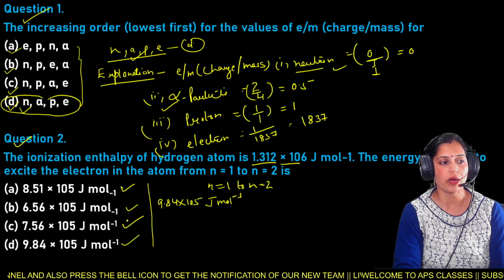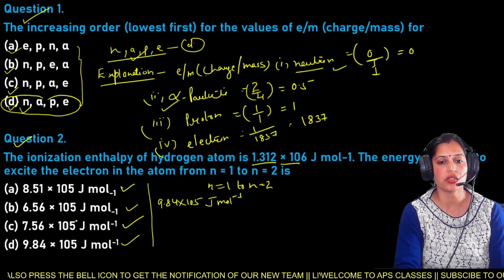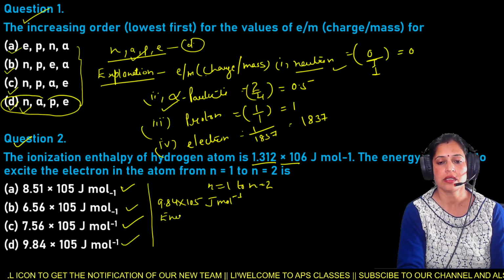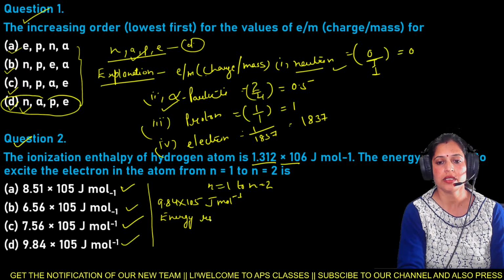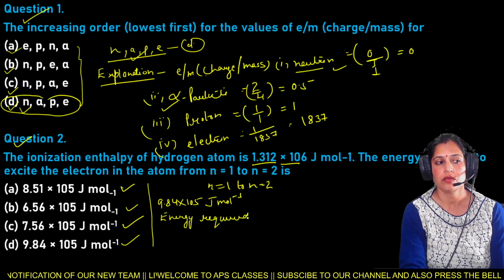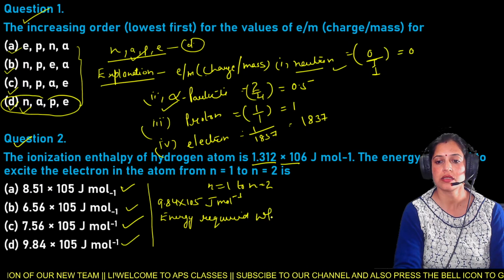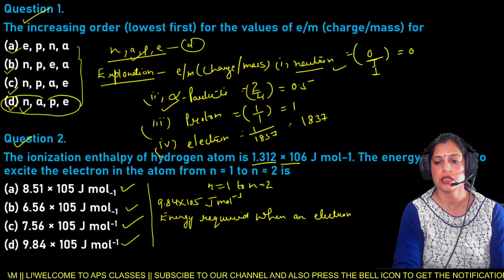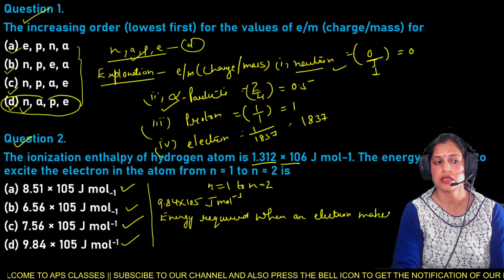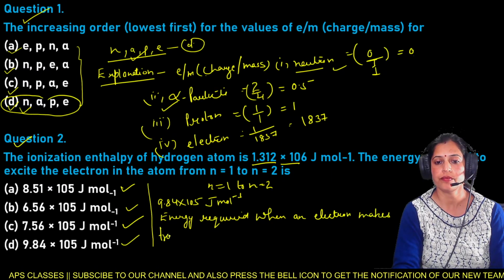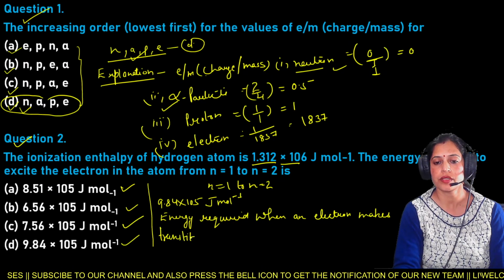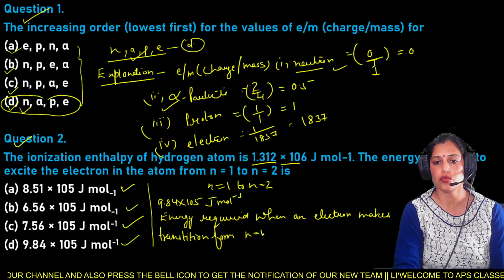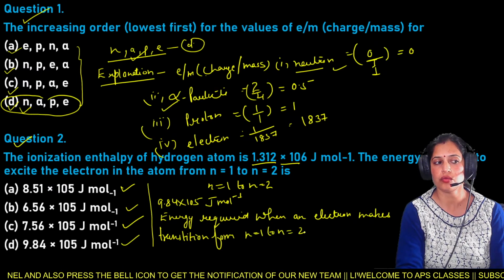So beta, consider the energy required when an electron makes a transition from n equal to 1 to n equal to 2.